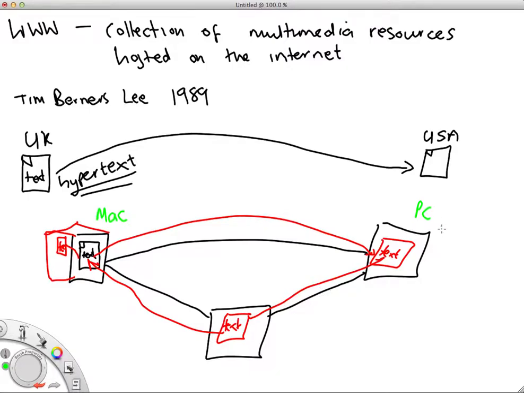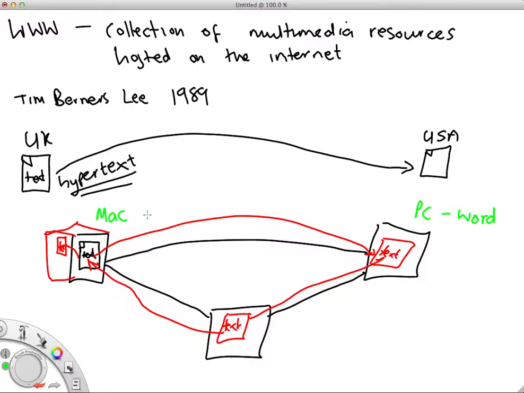So, for example, a PC would be running an operating system. It wouldn't be Windows then, but running an operating system whereby you could actually create a Word document. But someone on a Mac wouldn't be able to create what you would now know as a Microsoft Word document. They would actually be using a different application.